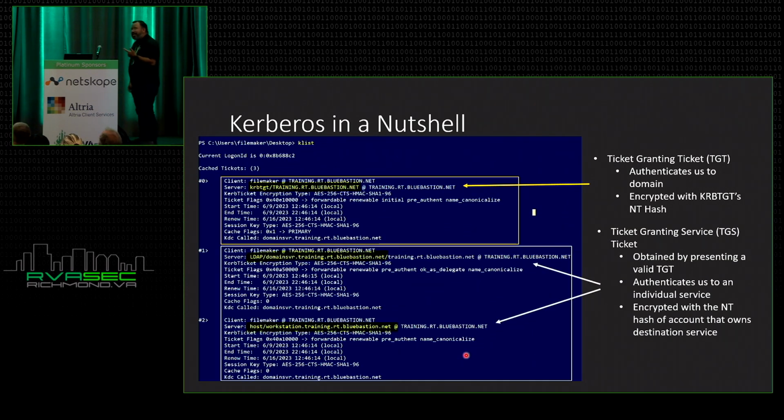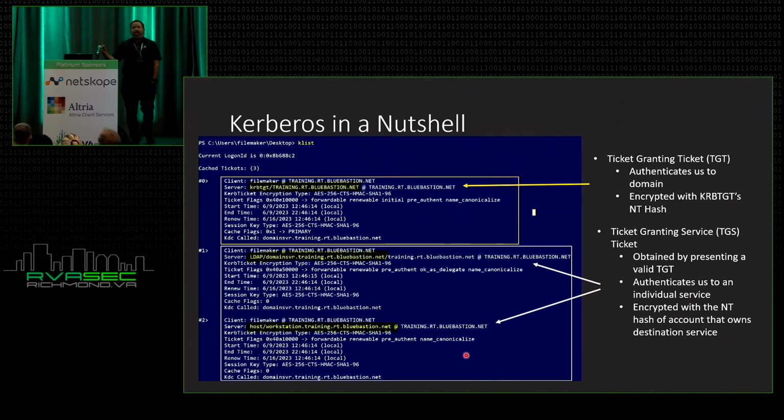Next, we need a service ticket, TGS. That's ticket granting service ticket. I present my TGT, and I ask the domain controller to give me the TGS, the ticket granting service ticket, for maybe my SQL service, my HTTP service. I need to access a file system somewhere. That is what TGS is going to do. The TGS is encrypted with the service account's hash.